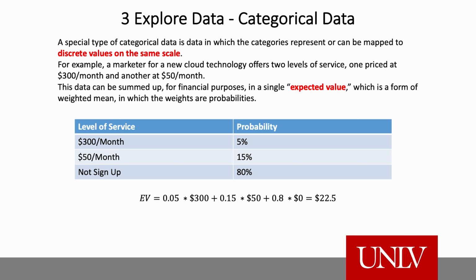For this example, the expected monthly value per attendee is 0.05 times 300 plus 0.15 times 50 plus 0.8 times 0, giving us an expected value of $22.50. Expected value is widely used in business forecasting, valuation, and capital budgeting because it incorporates uncertainty and future expectations into a single, interpretable number.